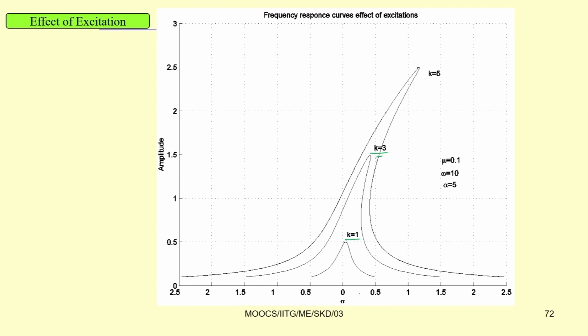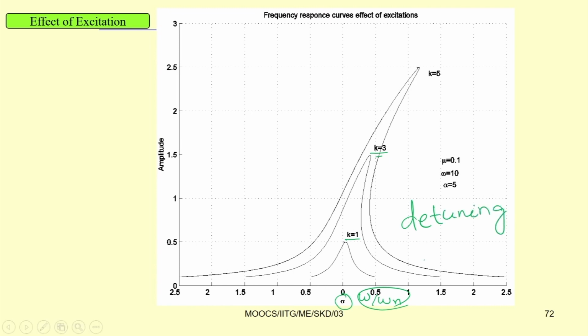Later I will tell this. You can plot this using omega by omega n, the frequency ratio, or by using some parameter, later I will introduce that thing, that is known as de-tuning parameter.